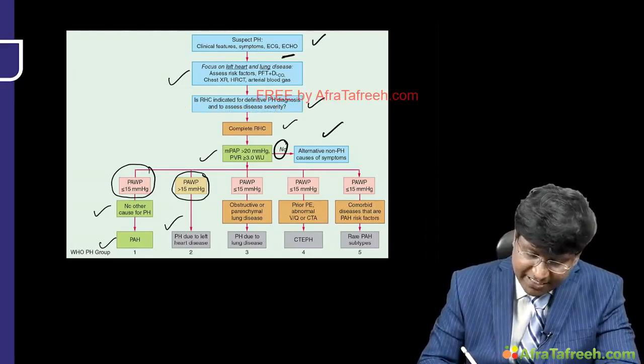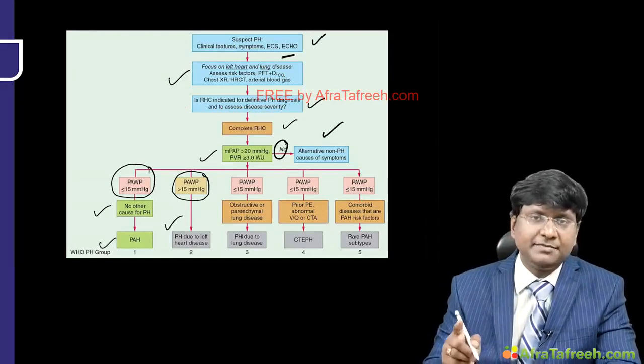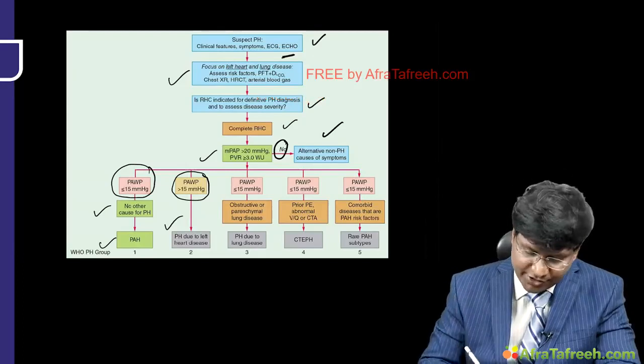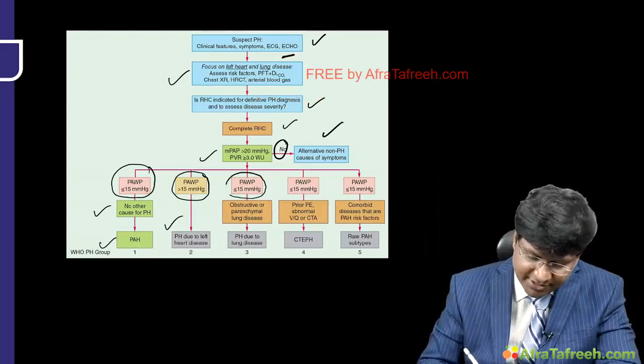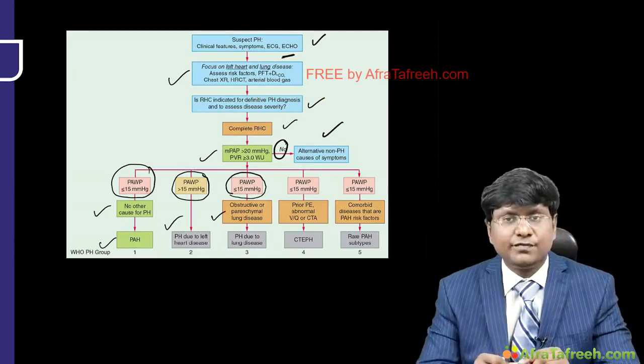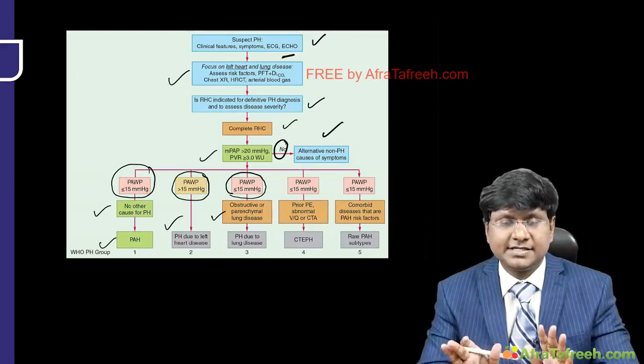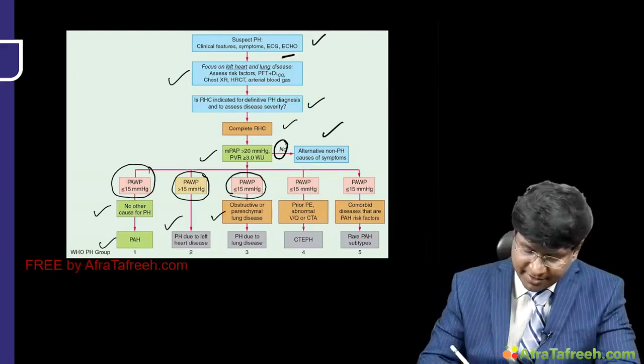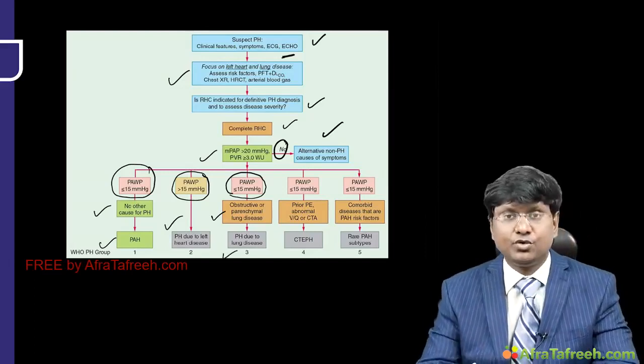If mean pulmonary arterial pressure is more than 20, pulmonary vascular resistance is more than 3 Wood units and wedge pressure is less than 15, then look for lung pathologies. If present, it is suggestive of lung pathology causing pulmonary hypertension, which is group 3.